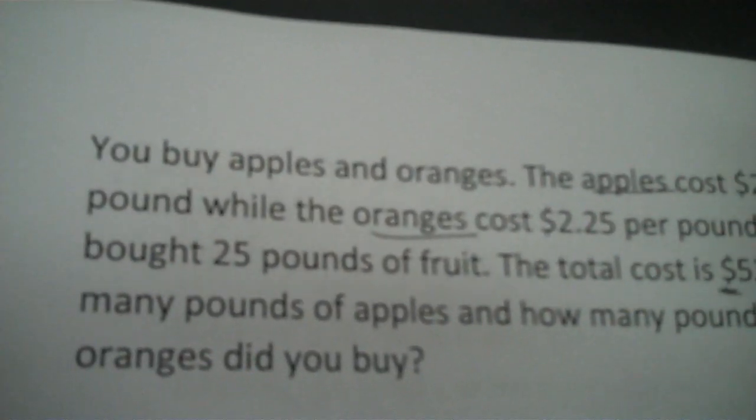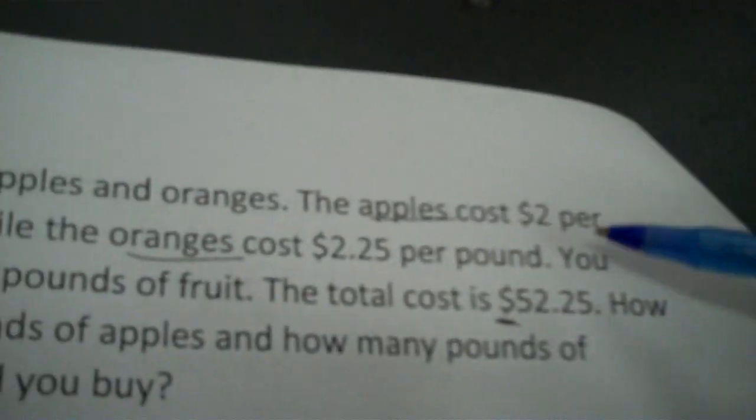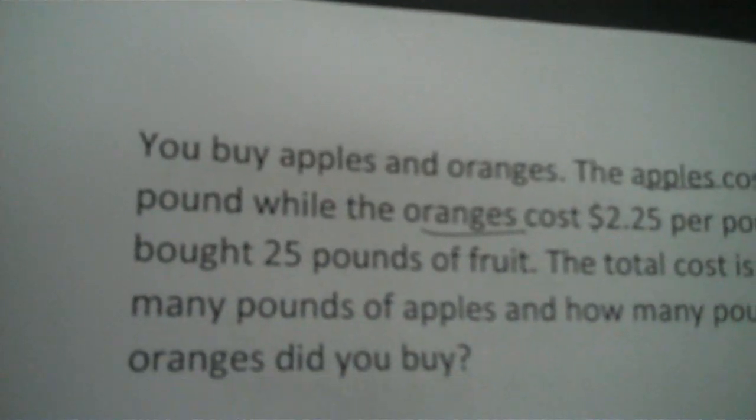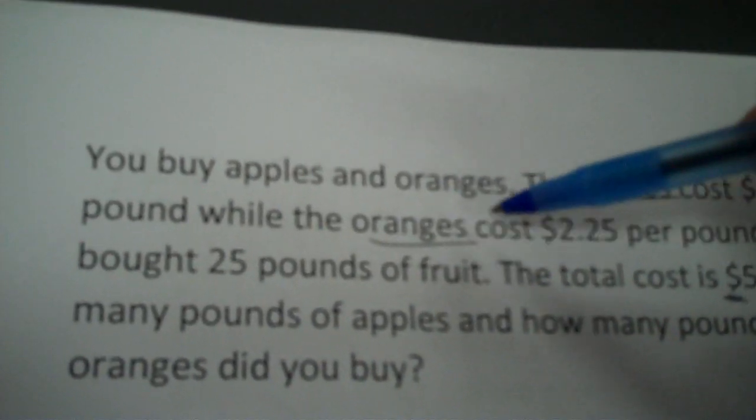Okay, my next one. You buy apples and oranges. The apples cost $2 per pound, while oranges cost $2.25 per pound. You bought 25 pounds of fruit. The total cost is $52.25. How many pounds of apples, how many pounds of oranges did you buy? Again, 3 units. Apples, oranges, dollars.